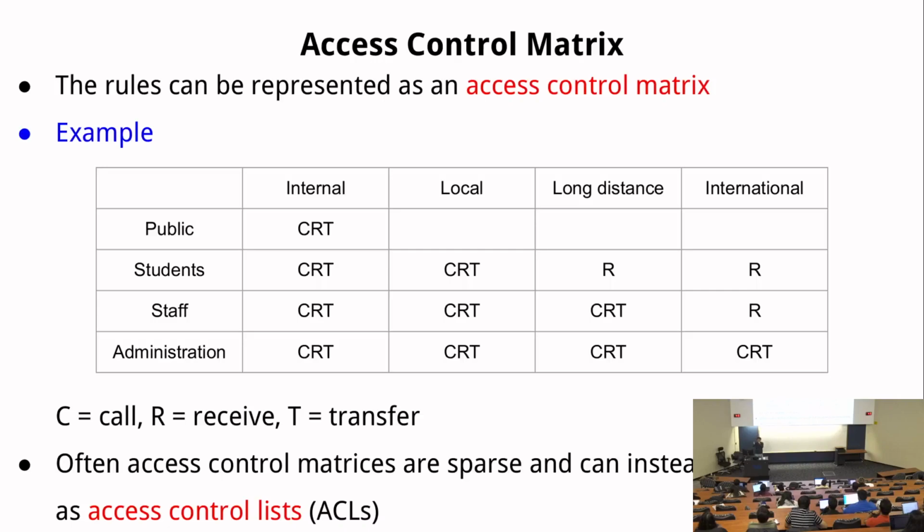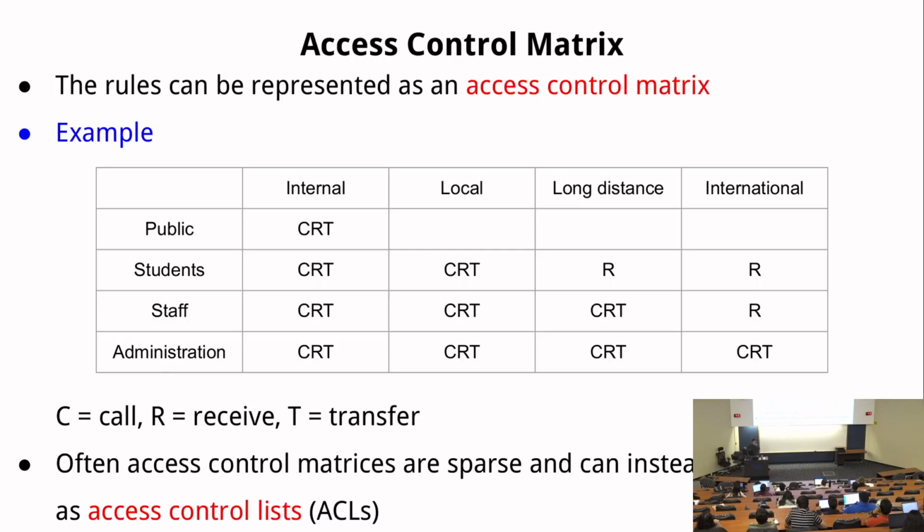In this case, we can divide the objects into internal phone calls, meaning inside the university, on-campus phone calls, then local phone calls, like the Buffalo area, the non-long-distance phone calls, and international phone calls.